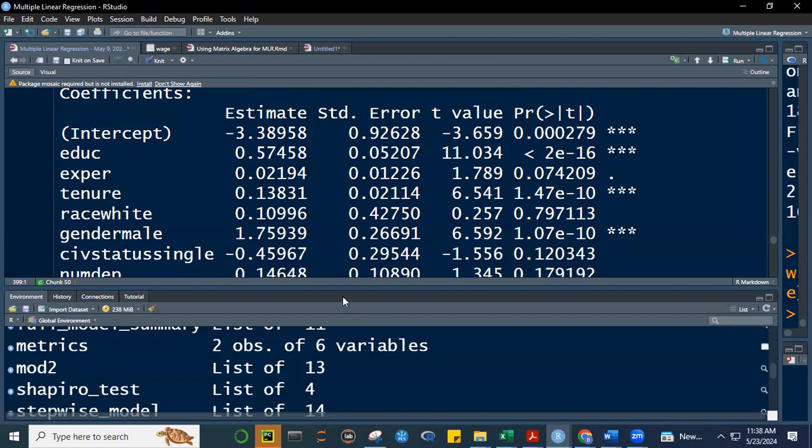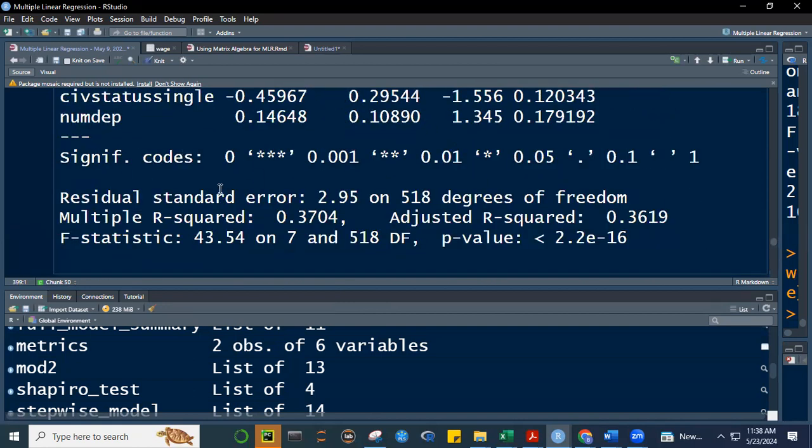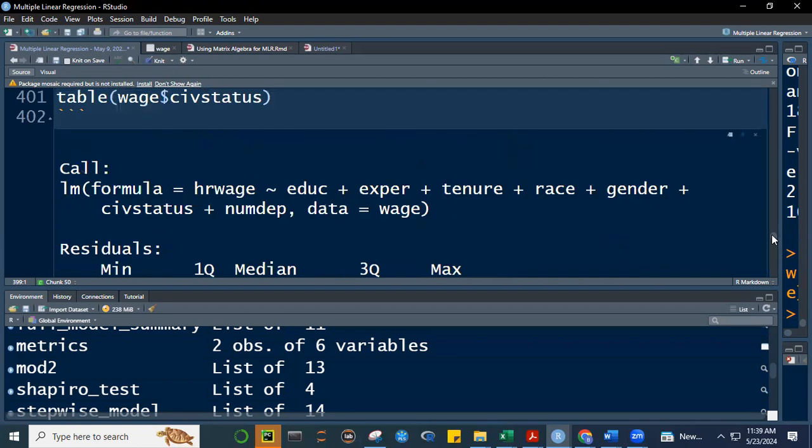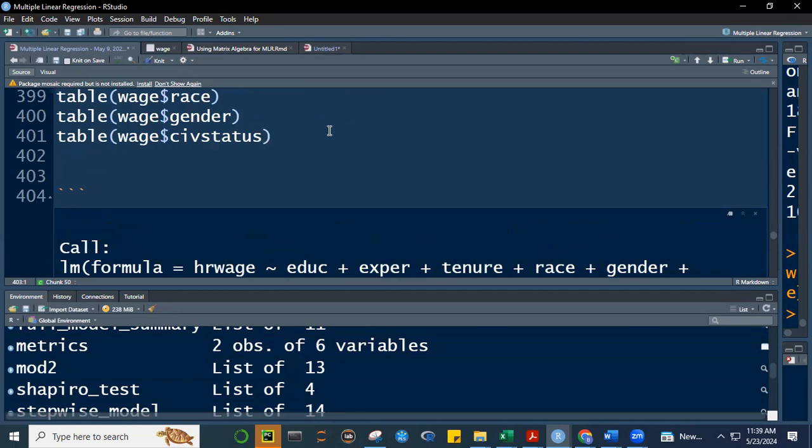On Monday, we will just take a look at the linear algebra side, and we're going to learn how these are computed. And over here, class, you have the standard error, which is similar to the standard deviation of your residuals.